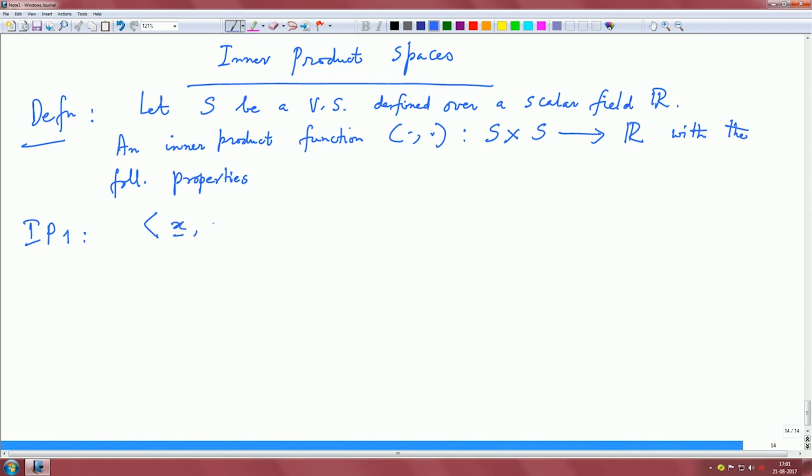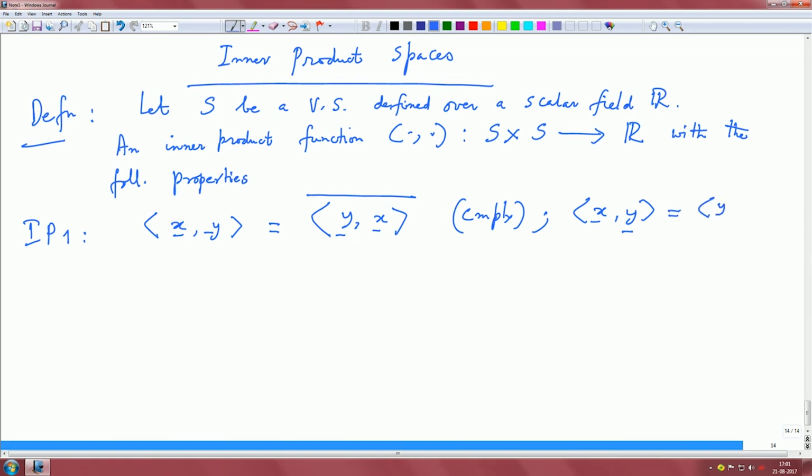The inner product of x, y: you can have these vectors with all real coordinates, or with coordinates that are complex numbers, right. So the inner product of x, y is the inner product of y, x complex conjugate for the complex case, else you can say the inner product of x, y is basically that of y, x.